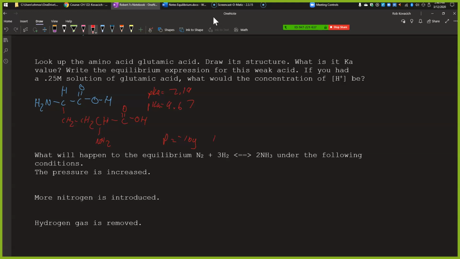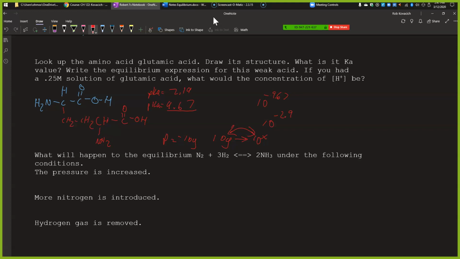Well, the opposite log and 10 to the x, they interchange with each other. You go back and forth with that. So I take whatever this number is and I make it the exponent for a 10. So negative 0.7 or 10 to the negative 2.19.